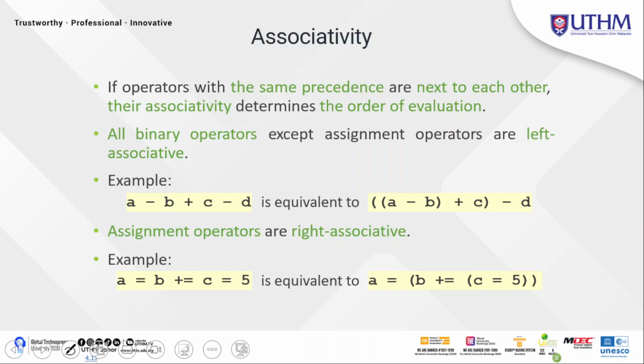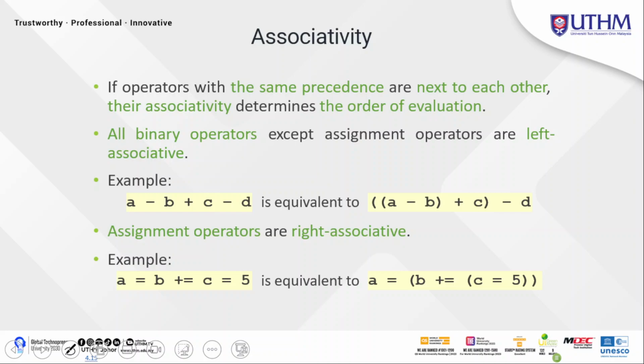If operators with the same precedence are next to each other, the associativity determines the order of evaluation. All binary operators except assignment operators are left associative. For example, a minus b plus c minus d is equivalent to, in brackets, a minus b first, then plus c, and then minus d.